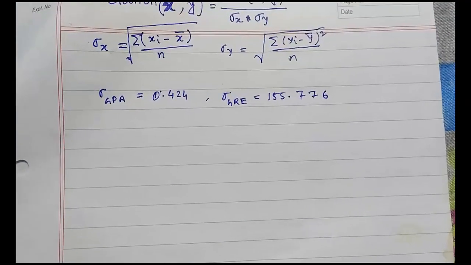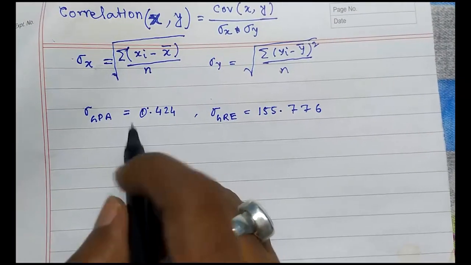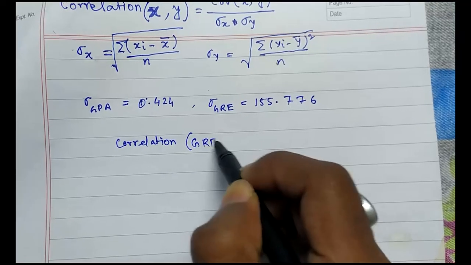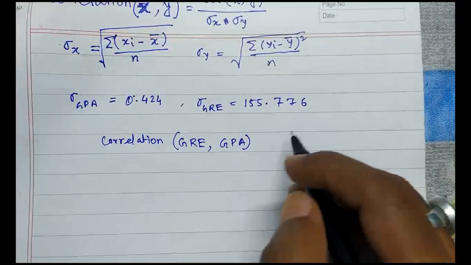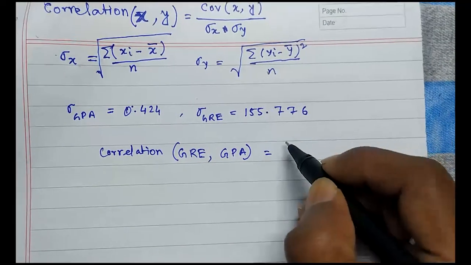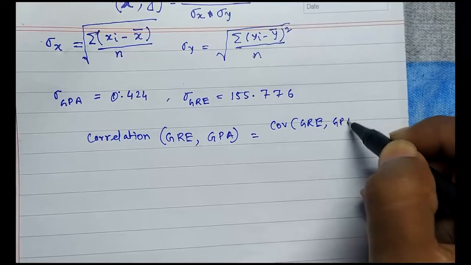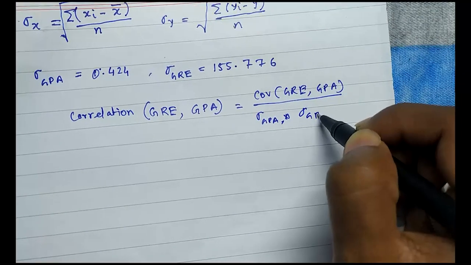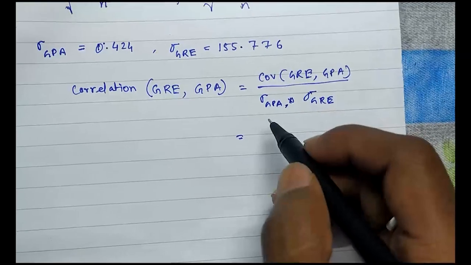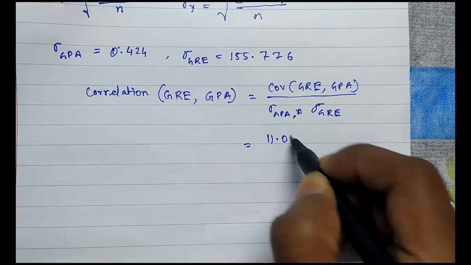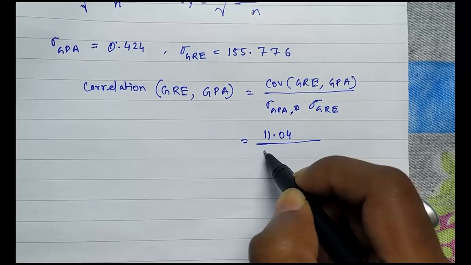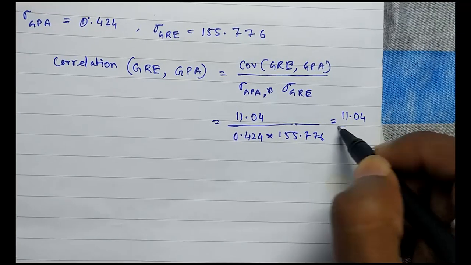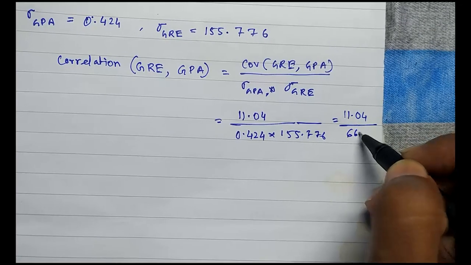So covariance, as we found in the case of this GPA and GRE, so correlation between GRE and GPA is equal to covariance between GRE and GPA divided by sigma GPA into sigma GRE, which is 11.04 by 0.424 into 155.776, which is 11.04 by 66.16.